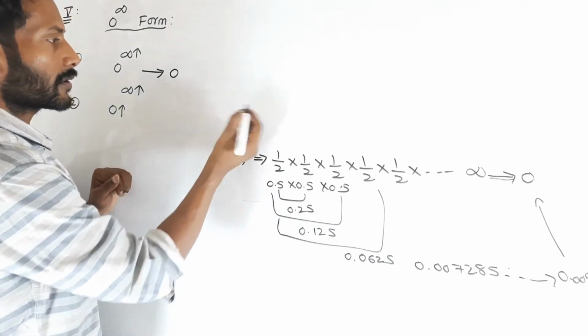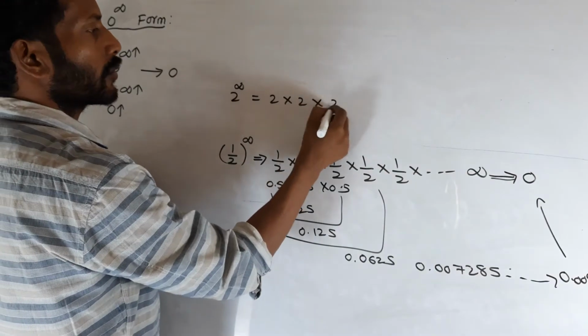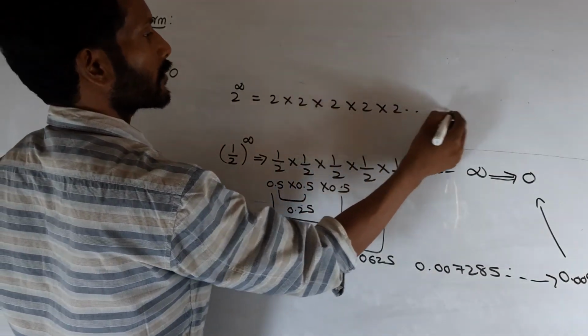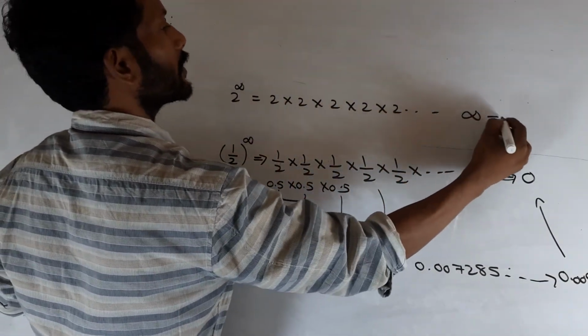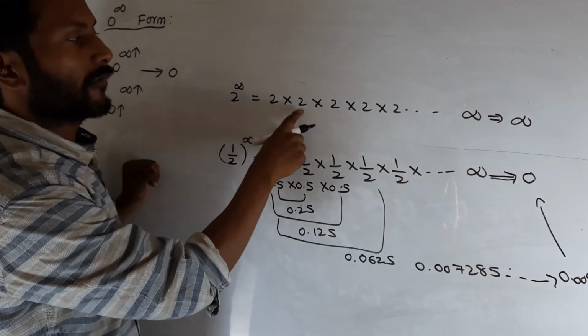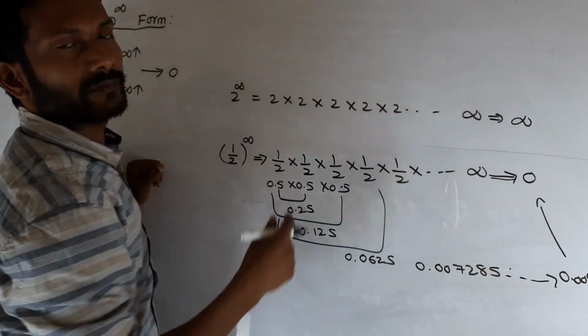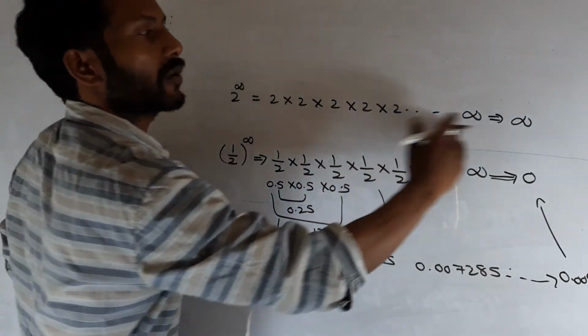Suppose we take 2 power infinity: 2 into 2 into 2 into 2, and so on to infinity. This approaches infinity. 2 into 4, 4 into 8, the value increases. 2 multiplied infinite times is closer to infinity.